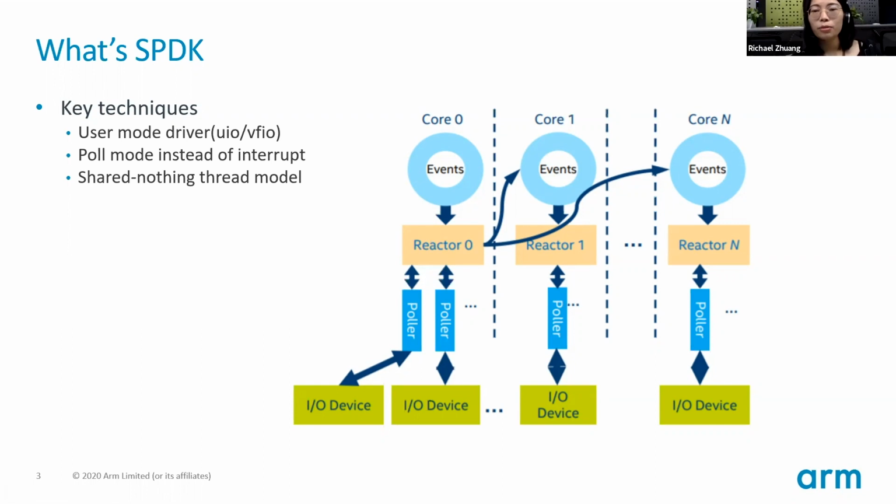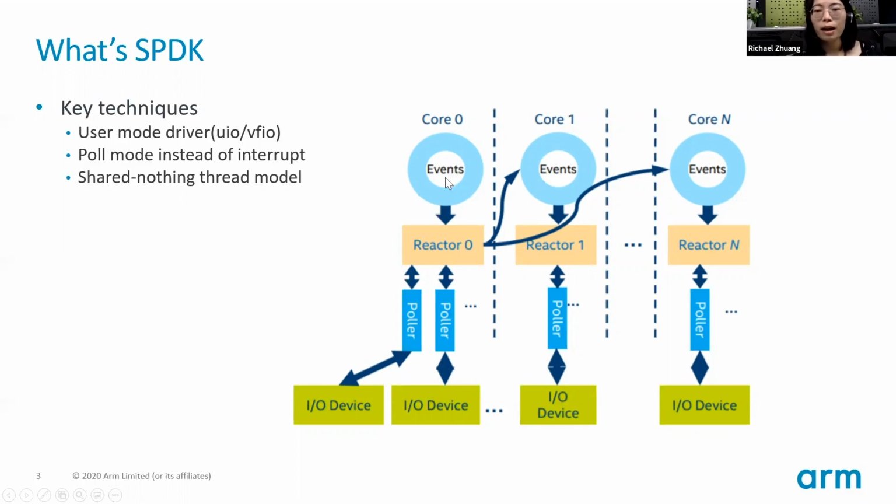And the third one is the shared-nothing thread model. Each thread operates on its own resources. For thread communication, SPDK doesn't use a traditional lock mechanism, but uses an event ring mechanism.